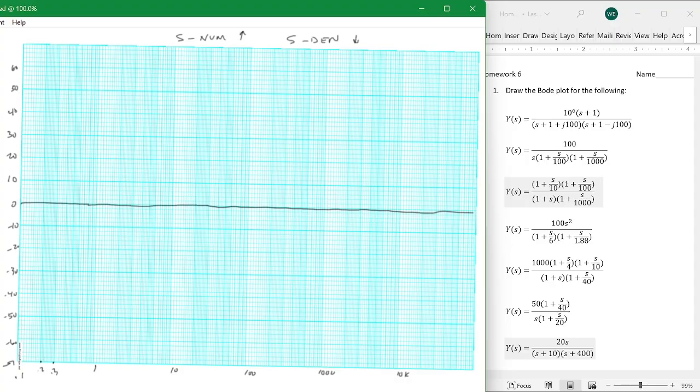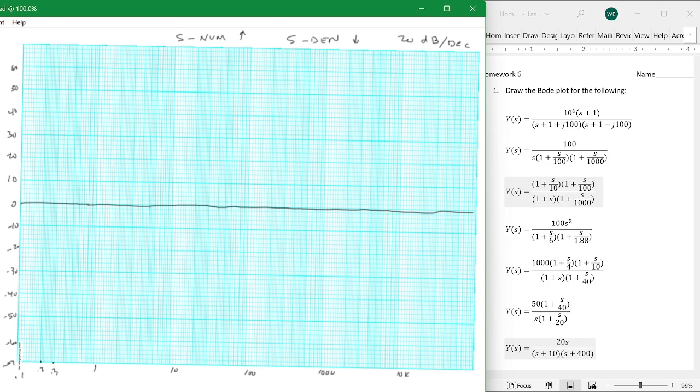And how fast does it go up or down? Well, it goes up or down basically at 20 dB per decade. I know that's going to blow everybody's mind. What does that mean? What it means is you go up 20 or down 20 for every 10 you go over.